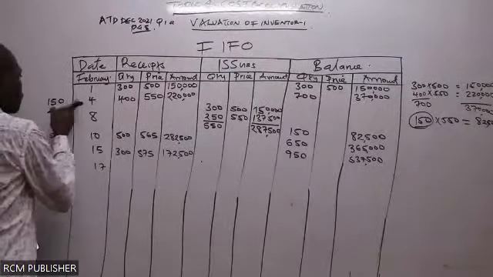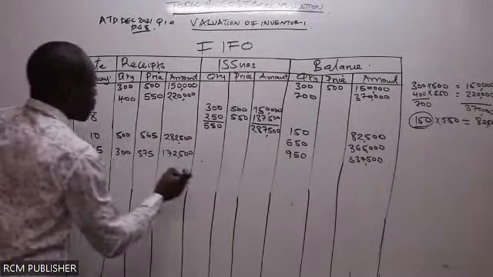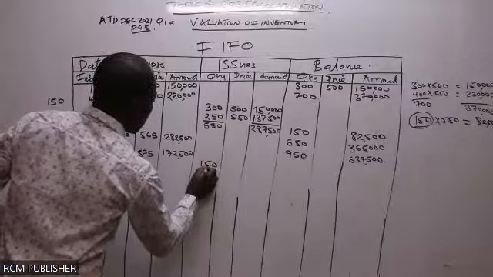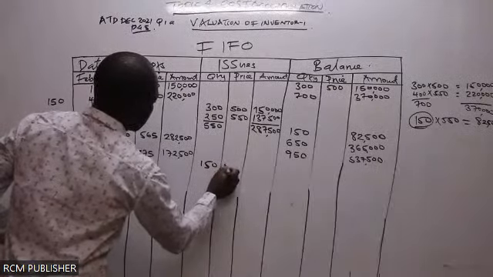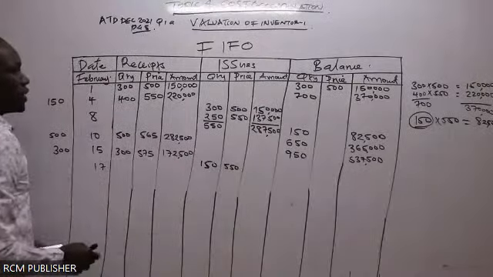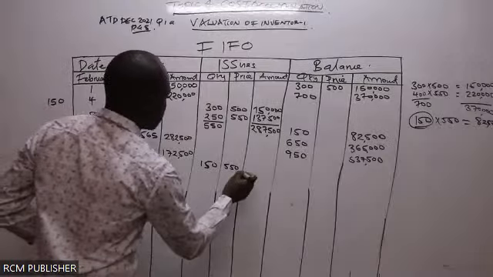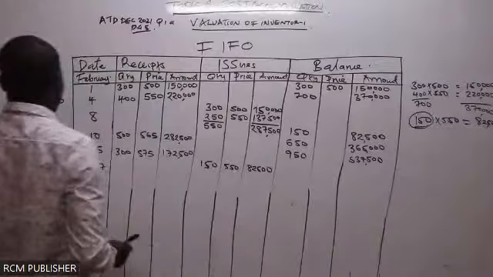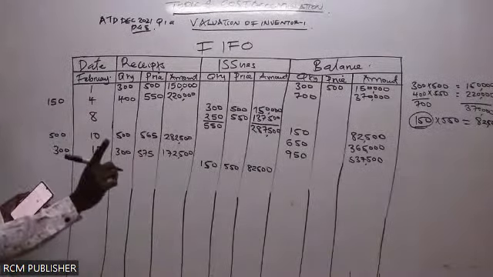So I come to those ones that were brought in on 4th, the 150 units, they were brought in at 550, which is 82,500, as I can see. I come to this one. Remember, the total that I need is 850.